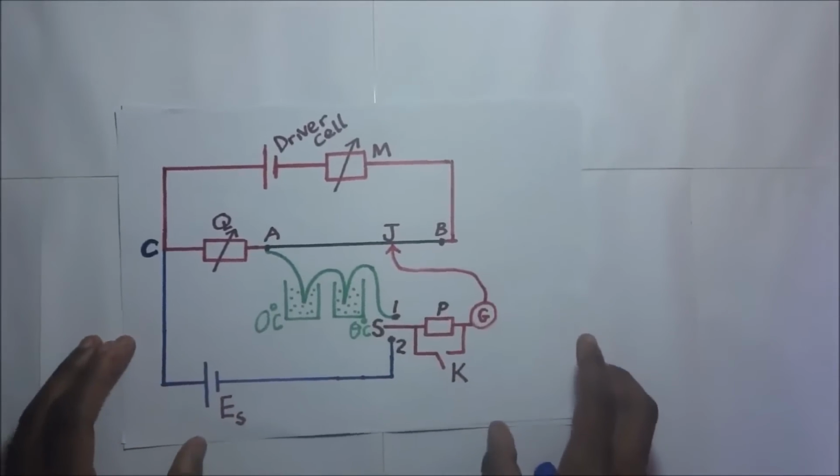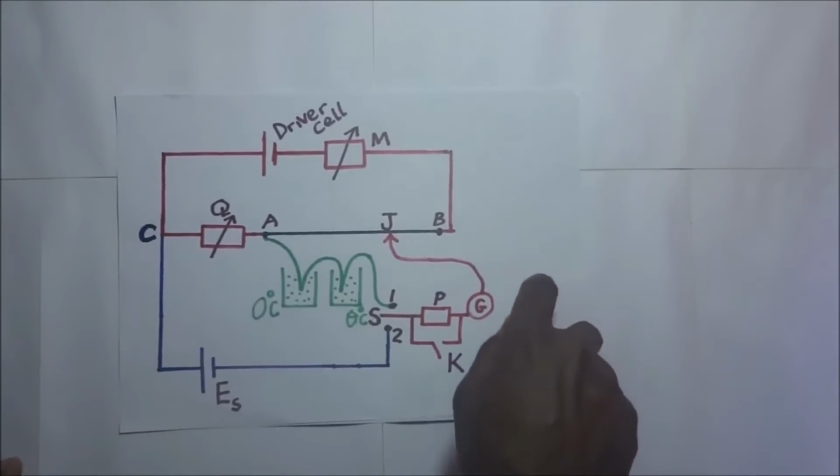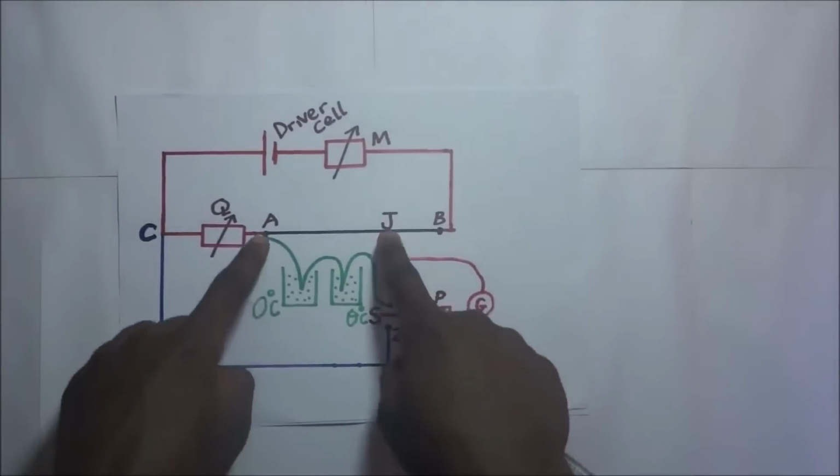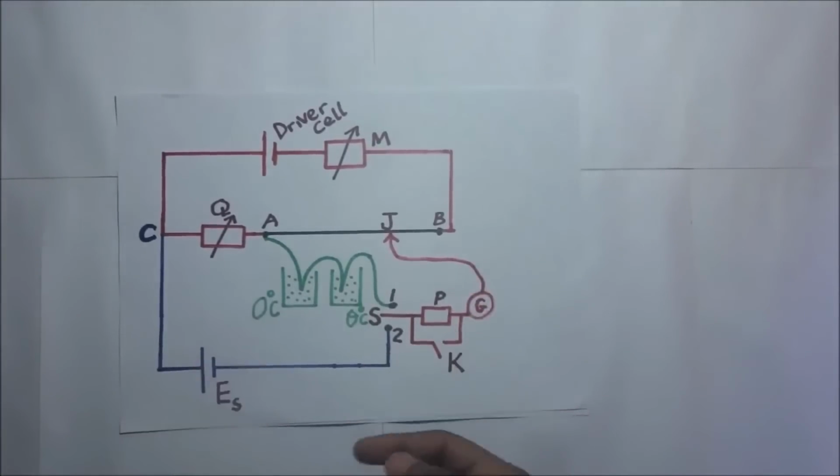When we get the accurate balance point, we go ahead and measure the balance length we've gotten, which in this case we shall call L, and then make our calculations.